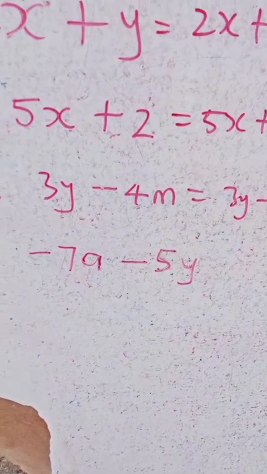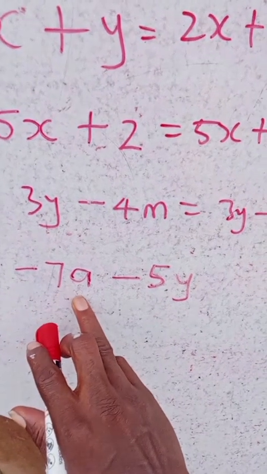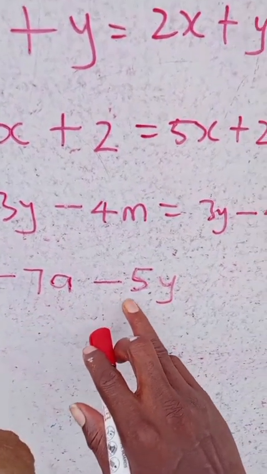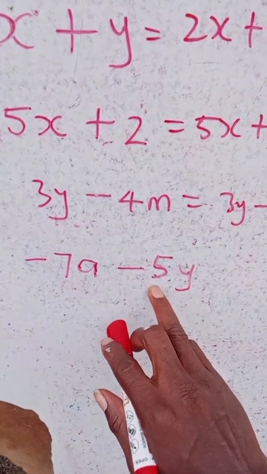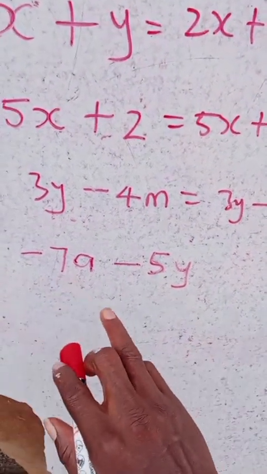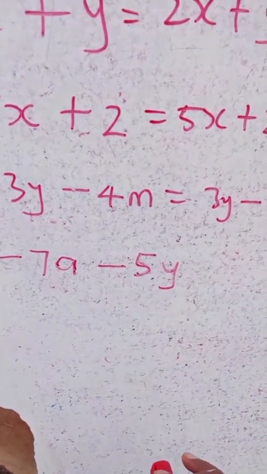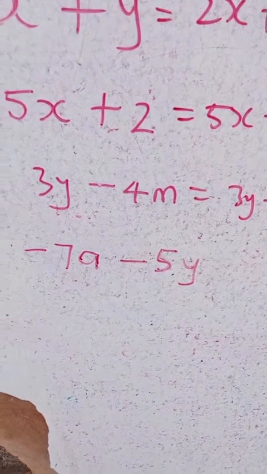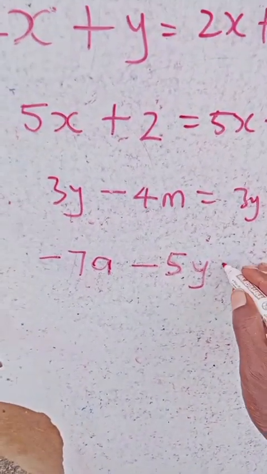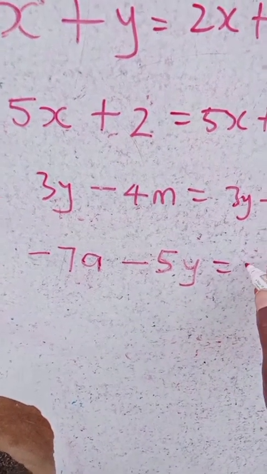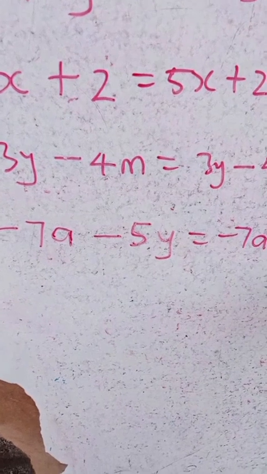So you are owing 7 goats, and you are also owing 5 fowls. So you are still owing 7 goats and 5 fowls, so the answer will remain minus 7a minus 5y.